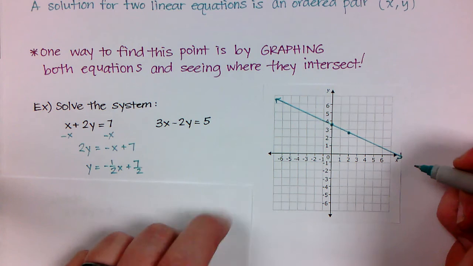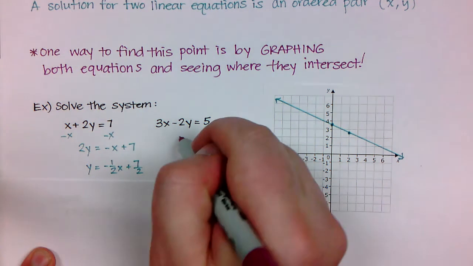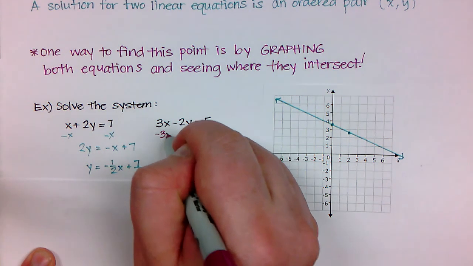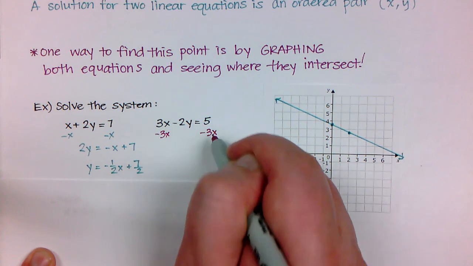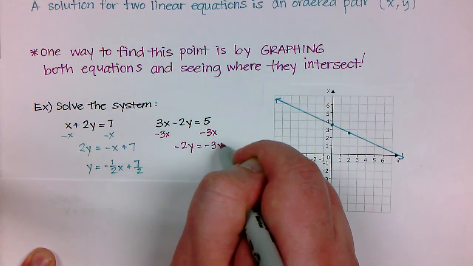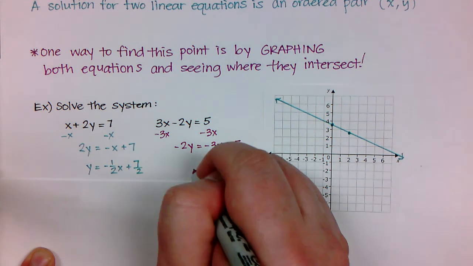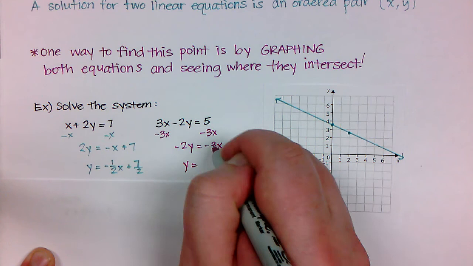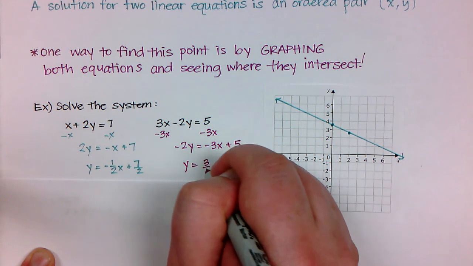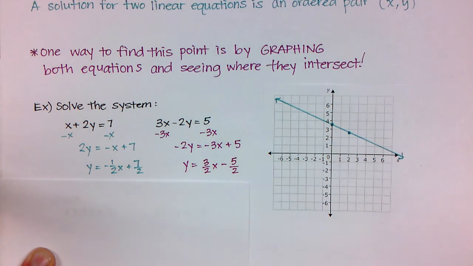When you're doing this work in class, it's really important to use graph paper so that you're very accurate with your work. The second part, I'm going to rewrite this as well. I'm going to subtract 3x on both sides, and then I have negative 2y is equal to negative 3x plus 5. And then when I divide everything by negative 2, negative 3 divided by negative 2 is positive 3 halves x minus 5 halves.